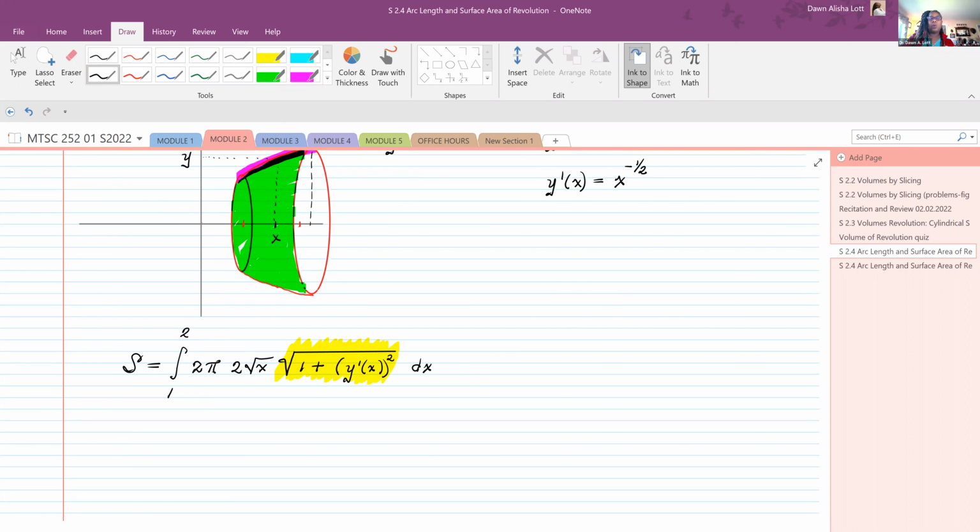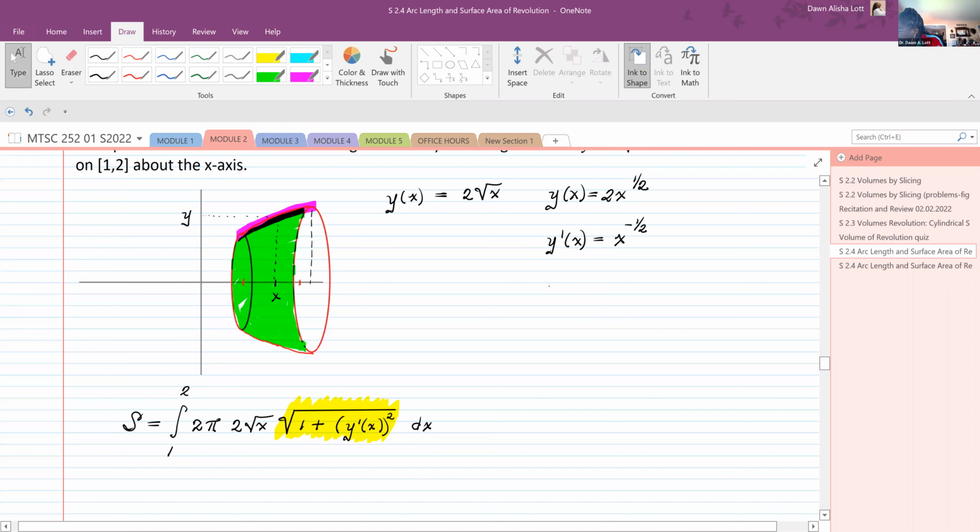Okay, so we found y, we took its derivative. We're going to do y prime squared. y prime squared is just x to the -1, which is just 1 over x. 1 plus y prime squared is 1 plus 1 over x, which I'm going to simplify as x plus 1 over x.